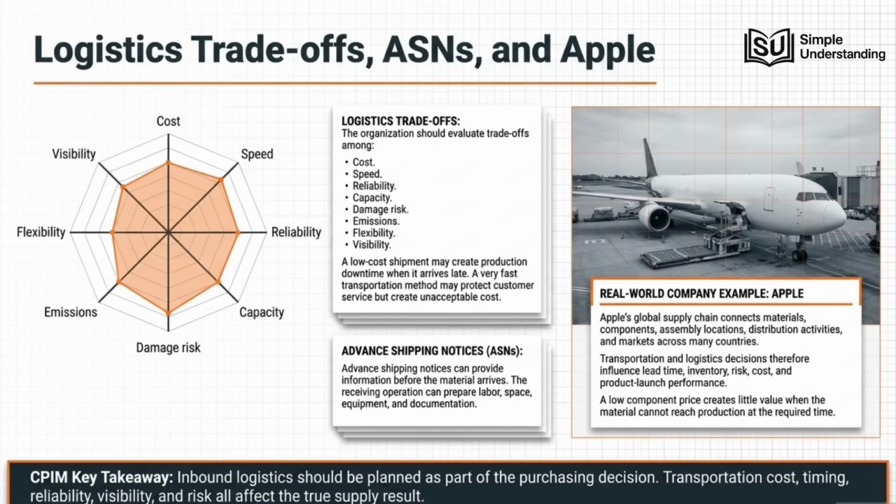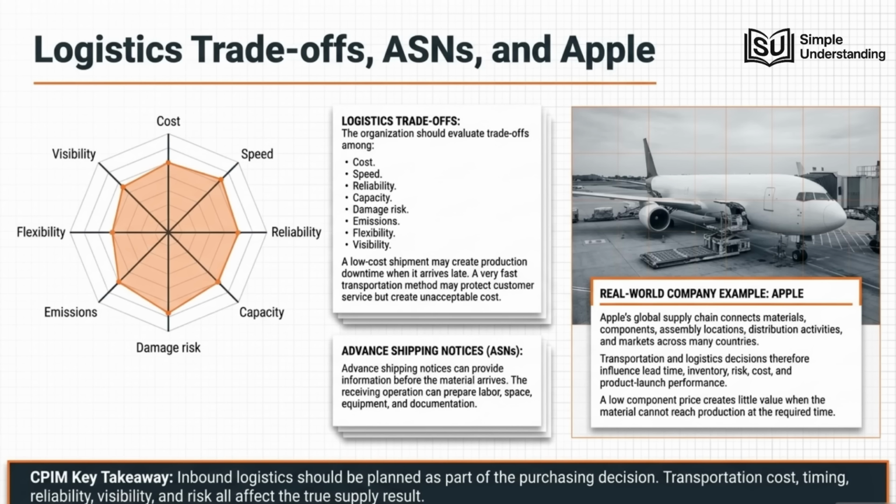Apple's global supply chain connects materials, components, assembly locations, distribution activities, and markets across many countries. Transportation and logistics decisions therefore influence lead time, inventory, risk, cost, and product launch performance. A low component price creates little value when the material cannot reach production at the required time.